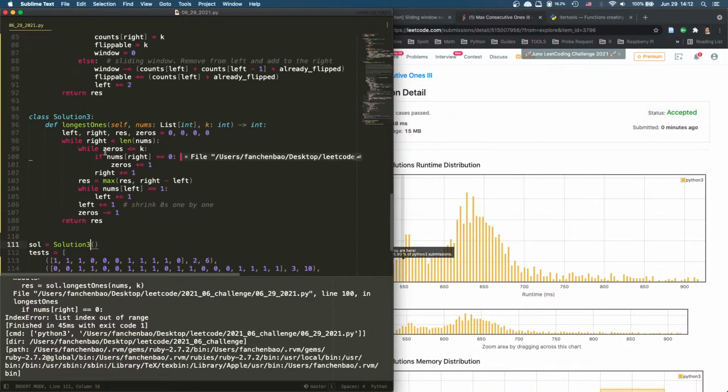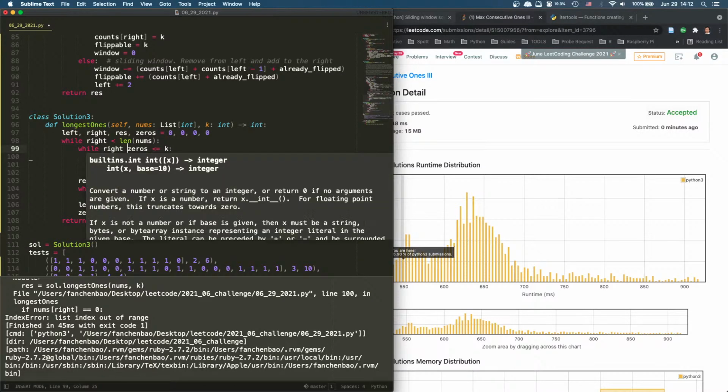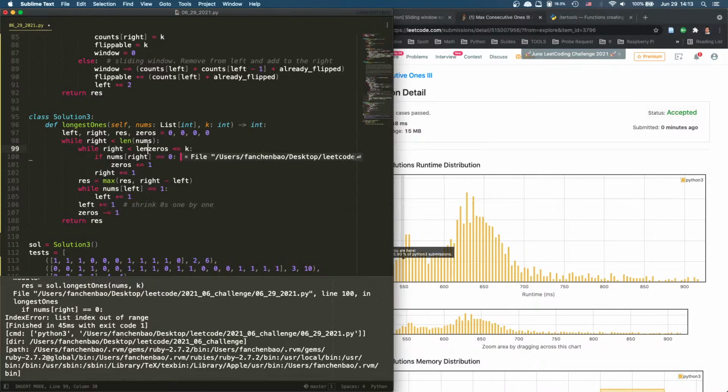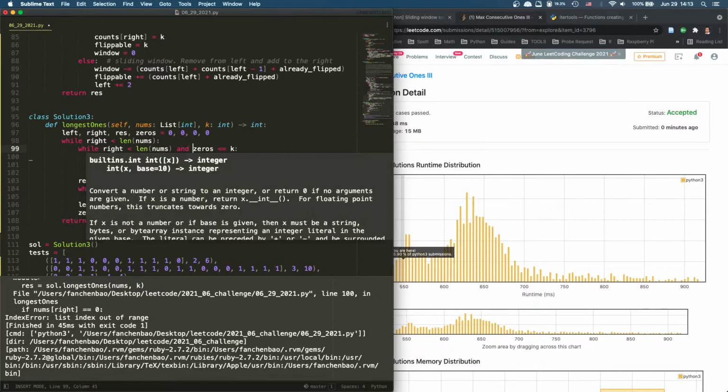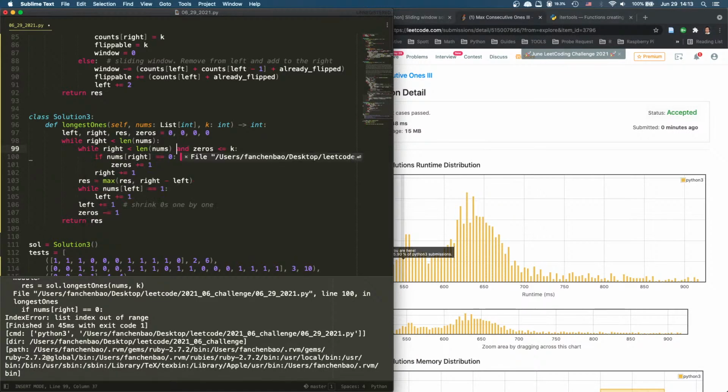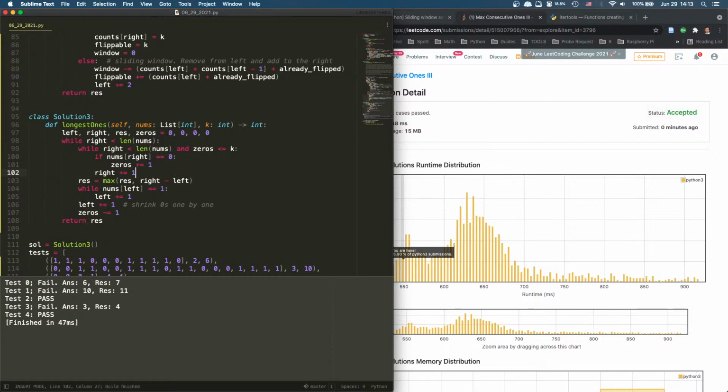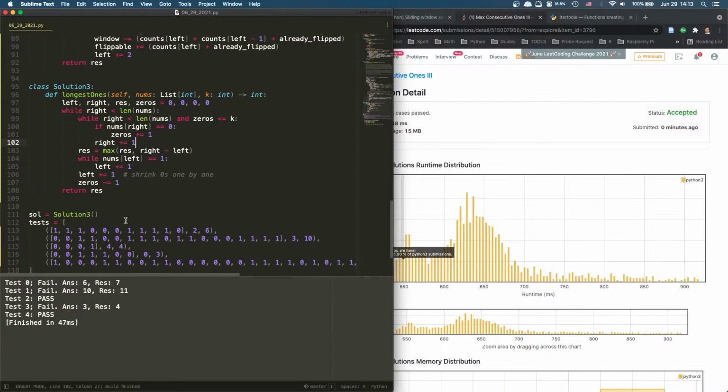Because we say while zeros smaller than k, while right smaller than len nums, and zeros smaller than this. Oh, we got one more. Almost there.